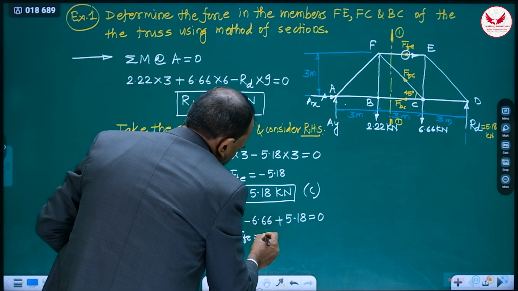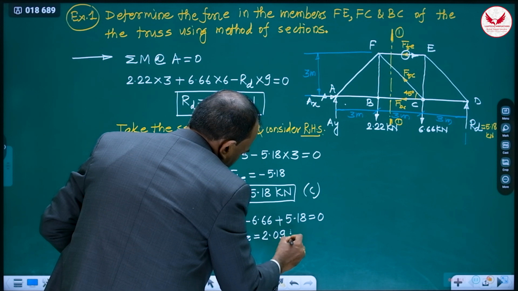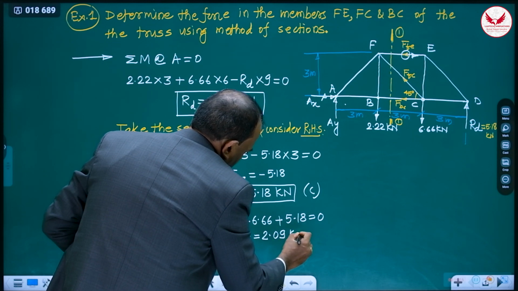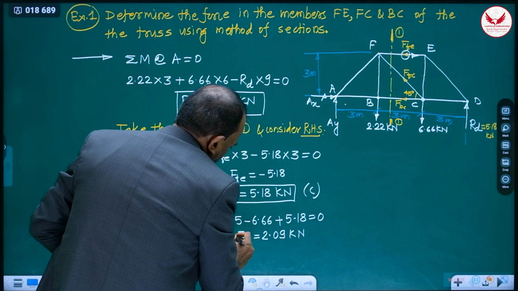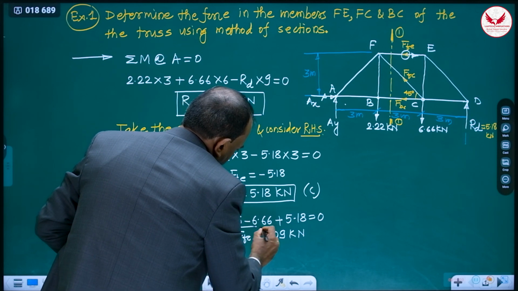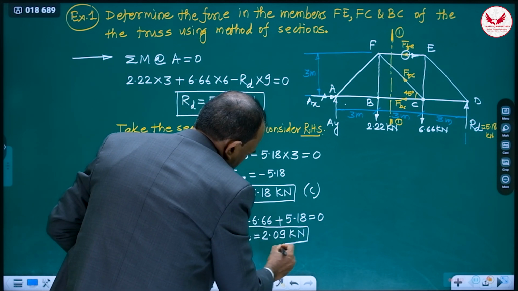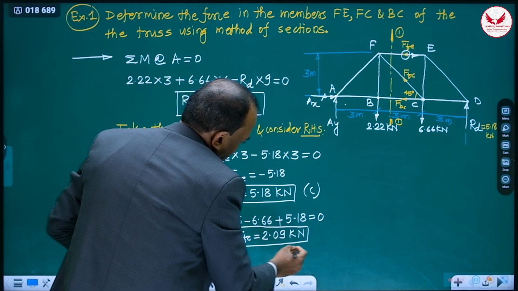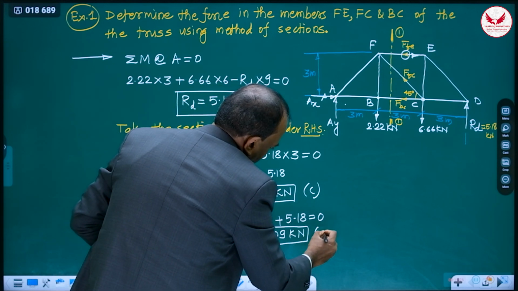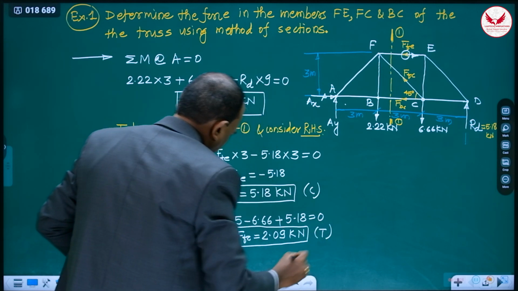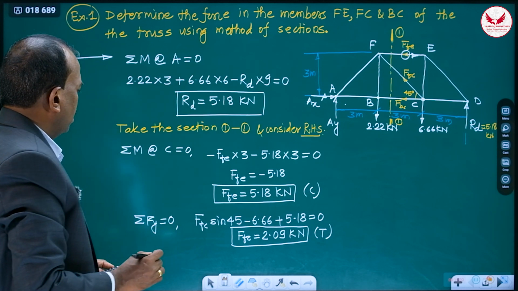FFC is going to be 2.09 kilonewton, and as we got positive answer, it is the correct direction and it is going to be tensile.